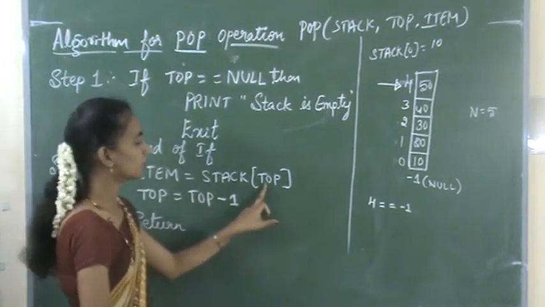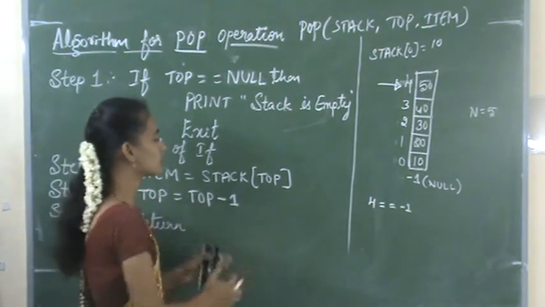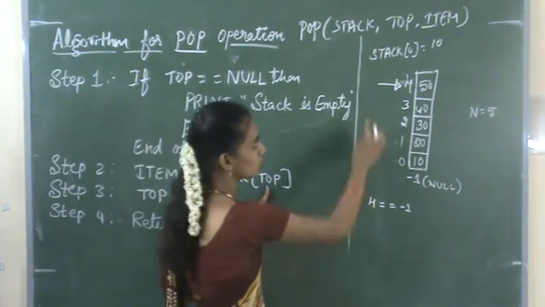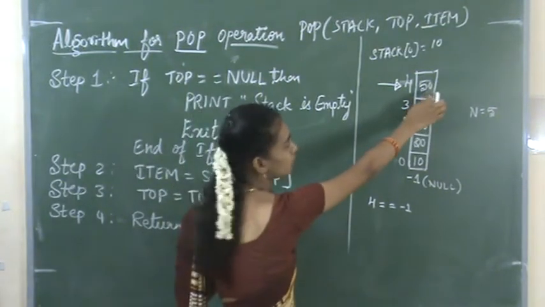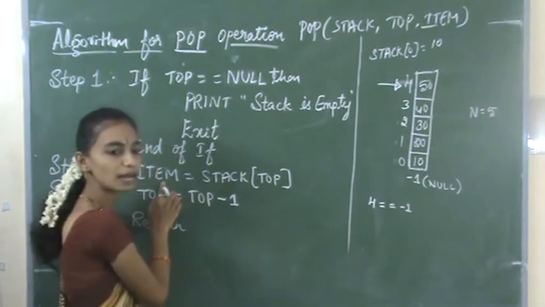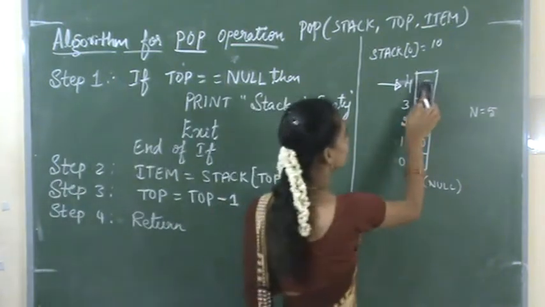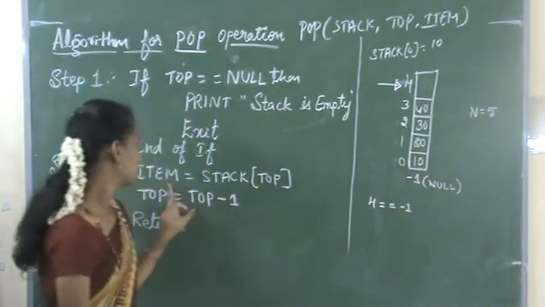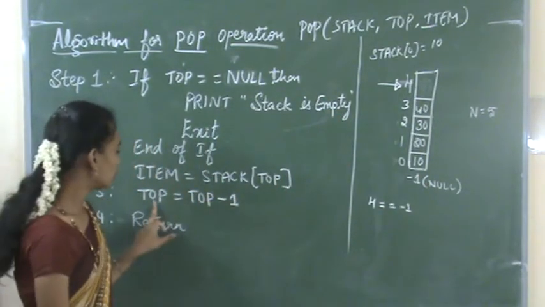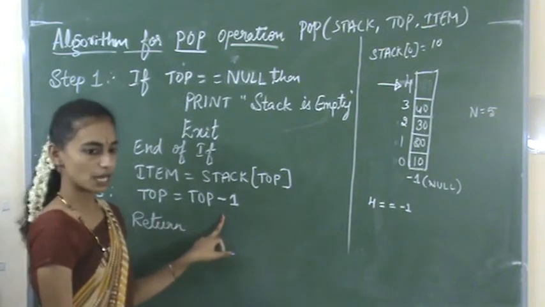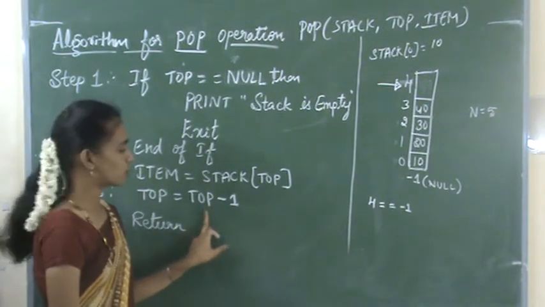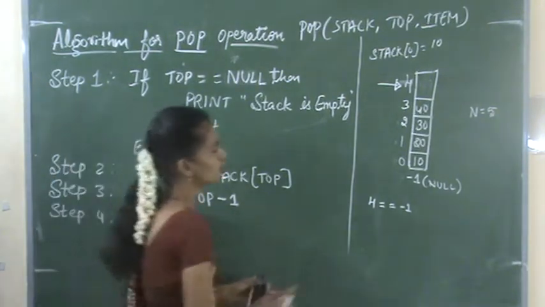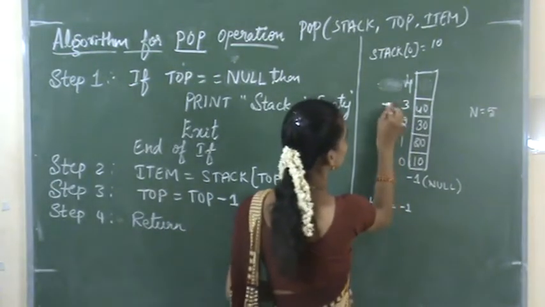The top value is 4, so stack of 4 is 50. This 50 is assigned to the item. Now we have to decrement the top value. What is the top value? 4. So 4 minus 1 is 3. Now the top becomes 3.